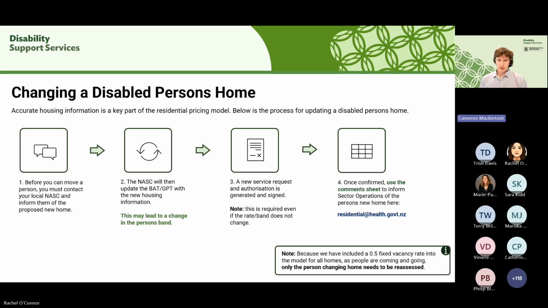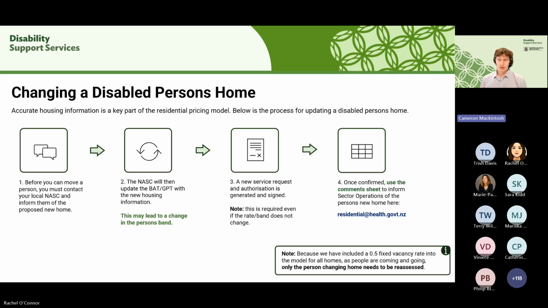From there, it's a pretty business as usual process of generating a new service request that you'll receive and sign, and once that process is confirmed, the service authorization is shared.